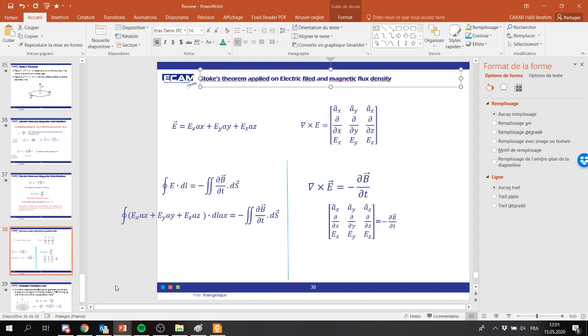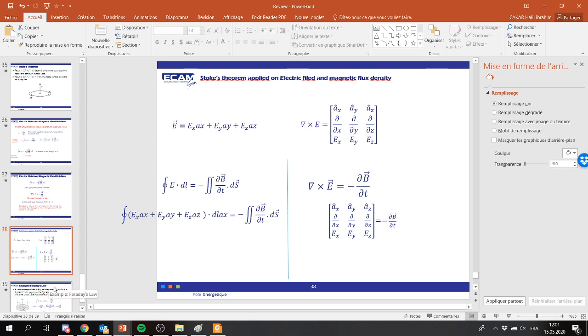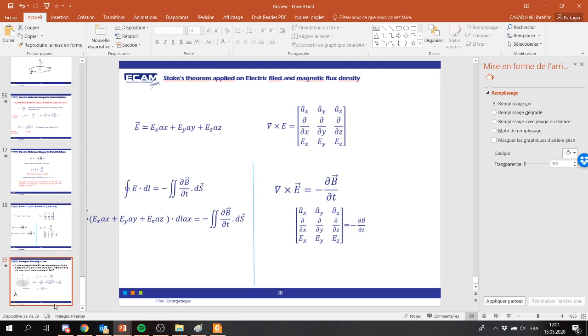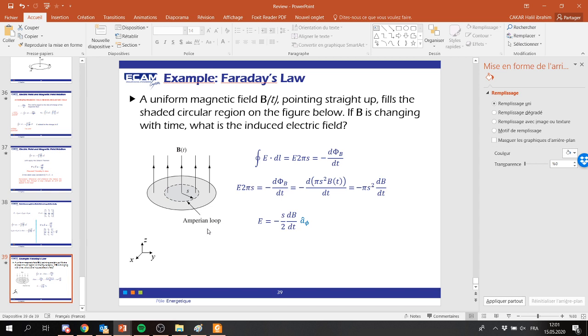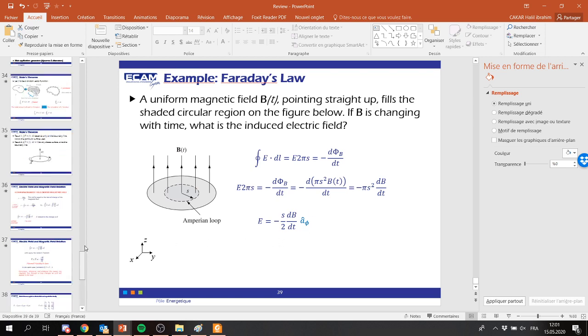Voilà. So that's it. If we have time, I would like to do this exercise, but we can end the lecture and start with this exercise. But it's very simple. Okay, guys, thank you so much for your time.